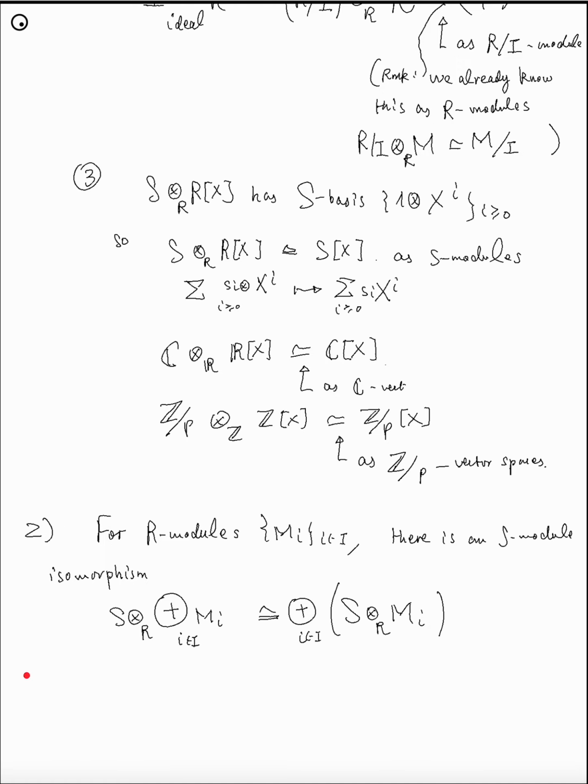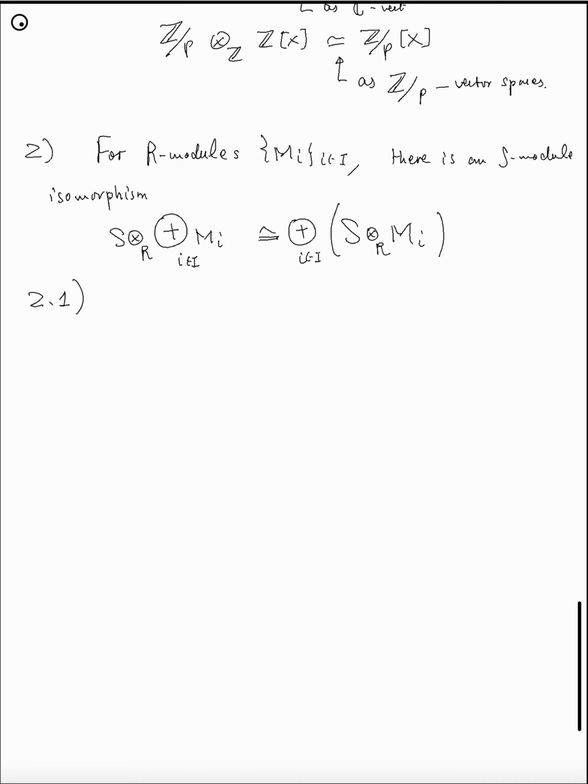So let's say 2.1, counterexample, when we don't have the direct sum but instead the product.